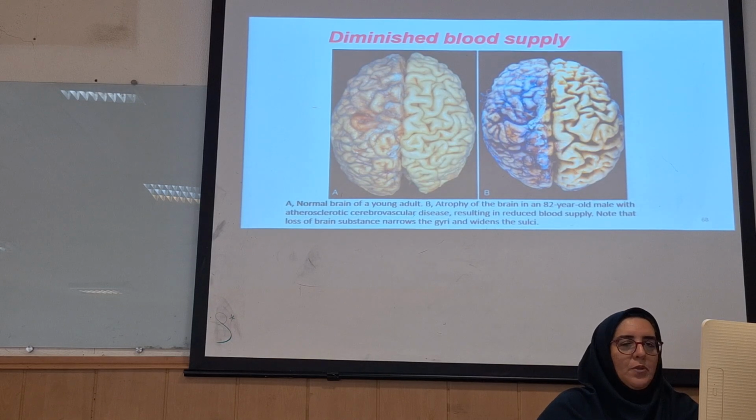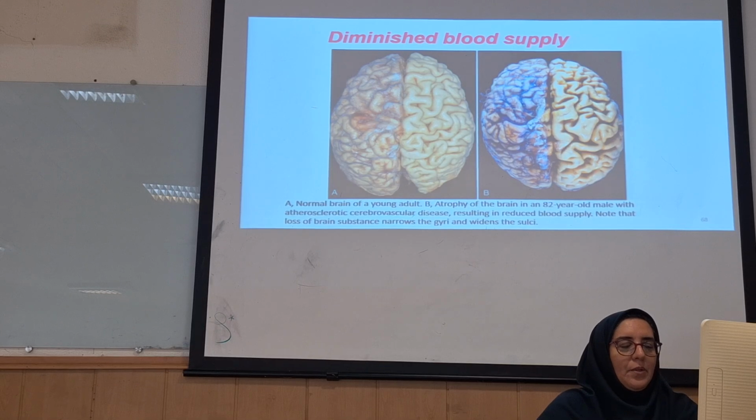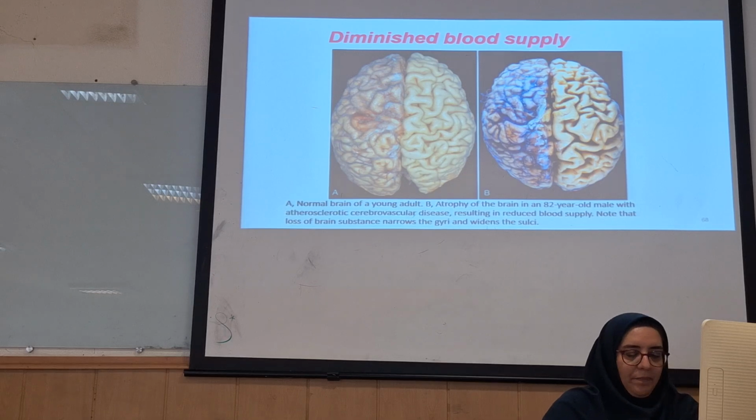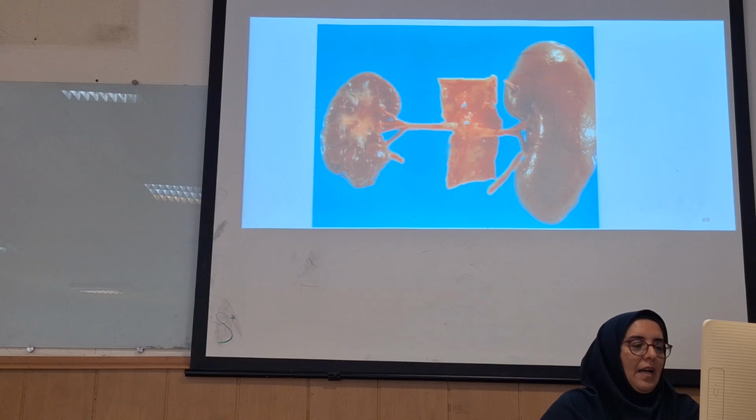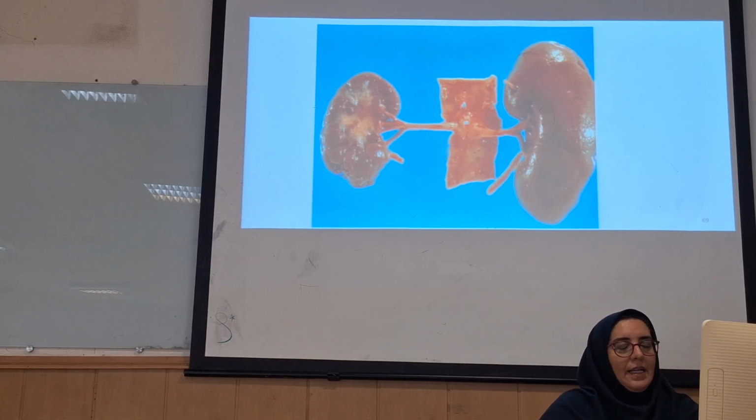Also, diminished blood supply in the brain in elderly patients after atherosclerosis causes a decrease in the size of the brain. It's a pathologic atrophy. And also, when we have loss of blood flow in an organ, the kidney, for example, is atrophic compared to the other kidney.